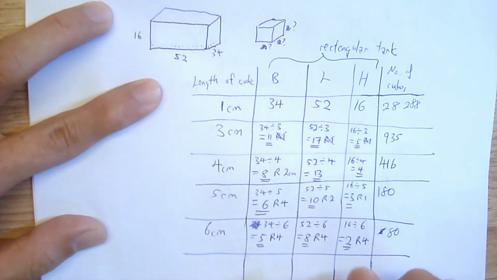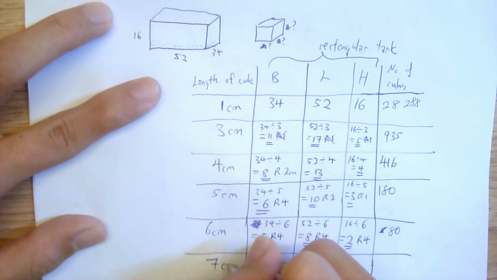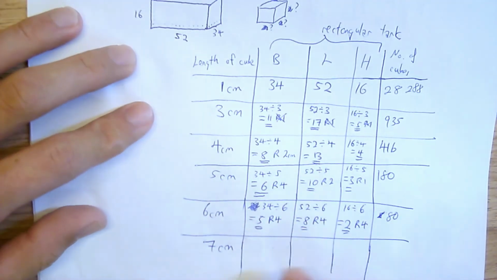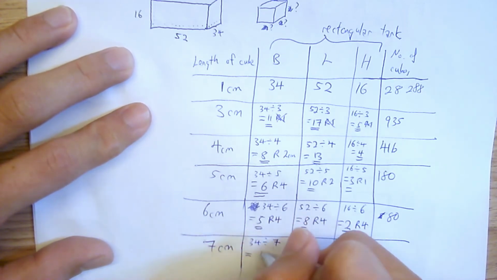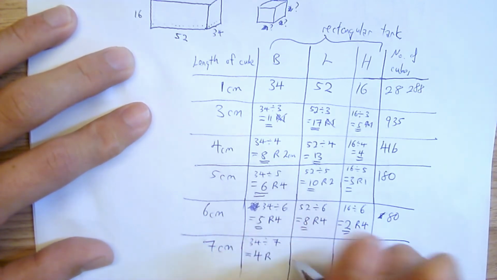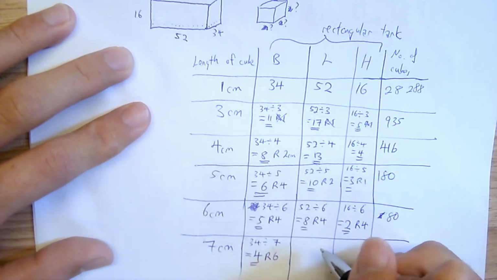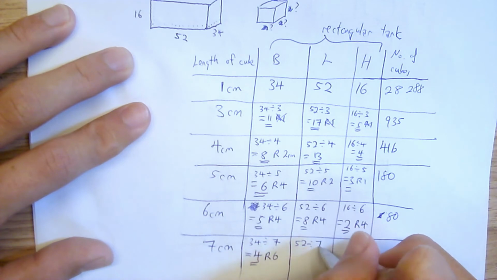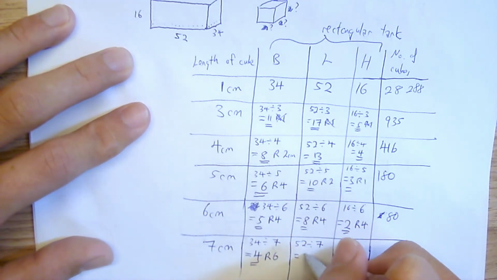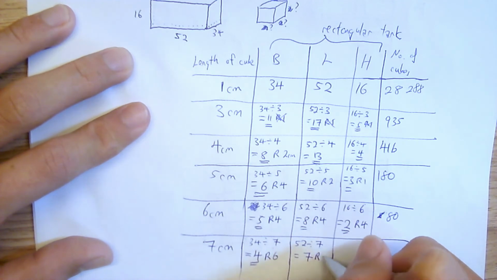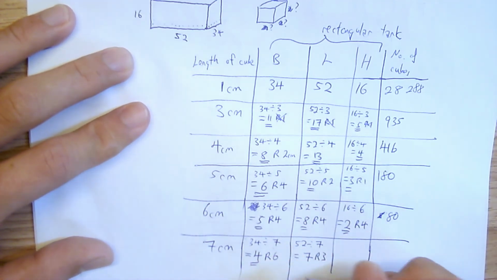Okay, this one is probably the last one. I'm not very sure. I did not look at the answer key anyway, so I'm just working it. Okay, 7. Same thing. 34 divided by 7 will give us 4, remainder 6. Okay, so underline this. 52 divided by 7 will be 7, remainder 3. 7 times 7 is 49, and 49 plus 3 is 52, so it is correct.